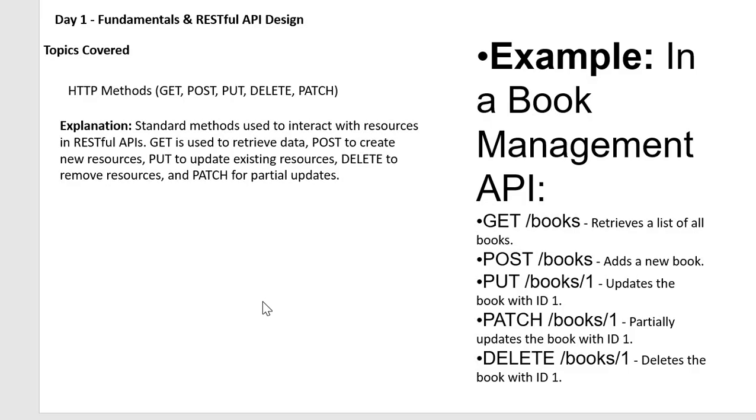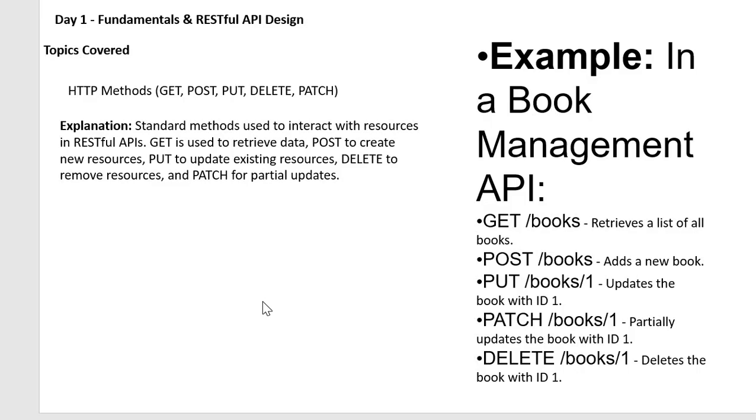HTTP methods: GET is used to retrieve data. At that time we will use a GET API. If we want to add additional data into our software, we will use POST.